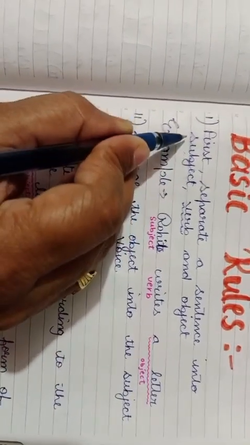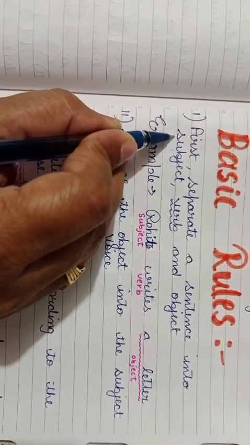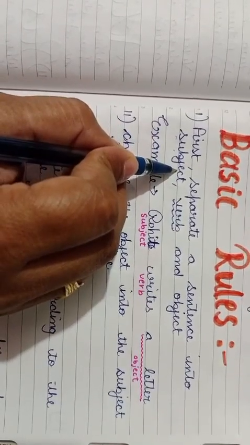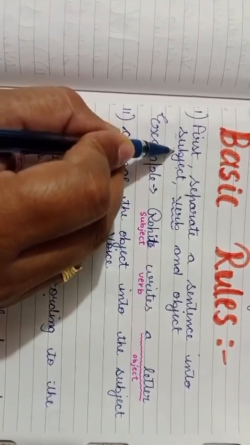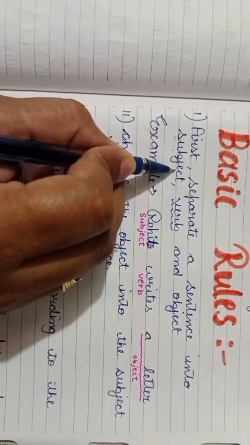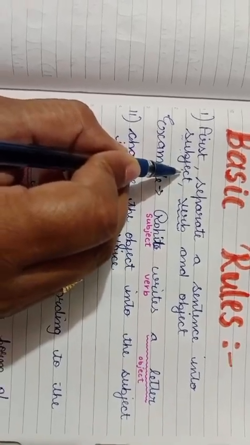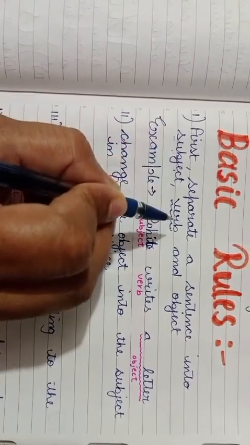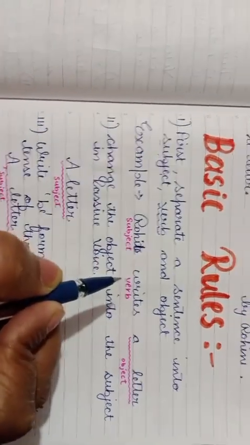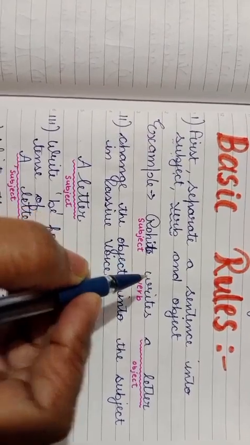Now here the main role in the active and passive voice is of the subject. I have already told you that if the subject is doing something, then it is in the active voice, and if the subject is receiving something, then it is in the passive voice.